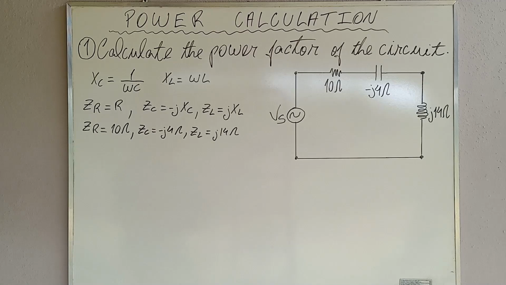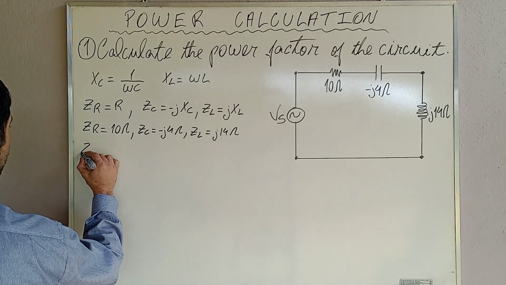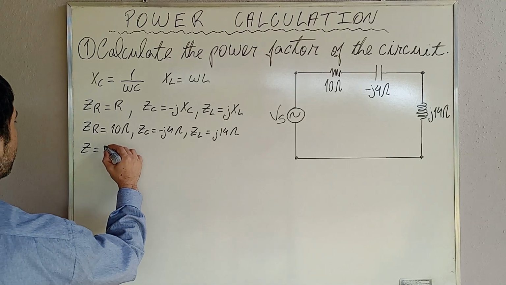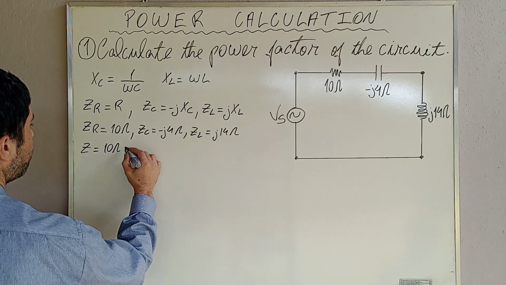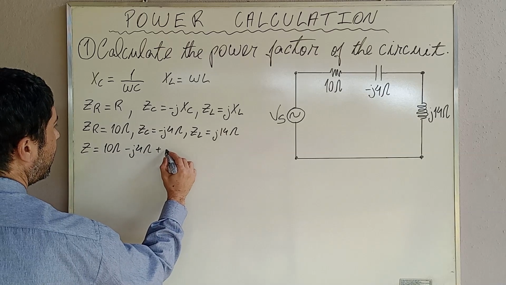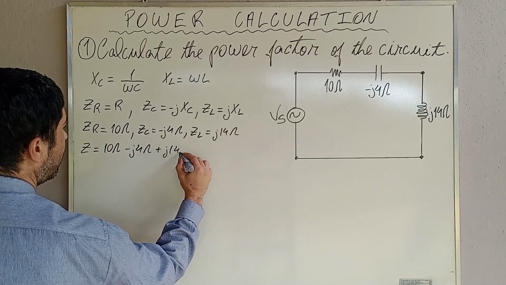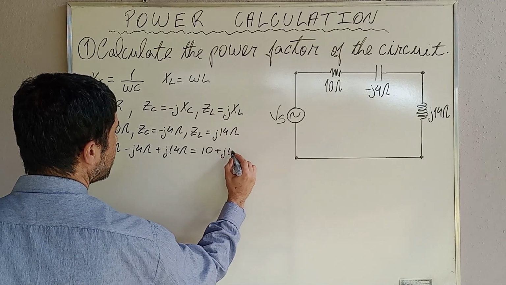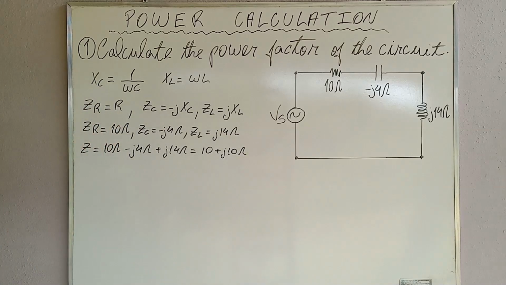Since the elements are connected in series, the total impedance is the algebraic sum. We simply sum them: Z of the circuit is 10 minus J4 plus J14, which is equal to 10 plus J10 ohms.